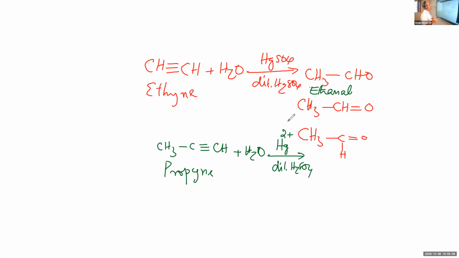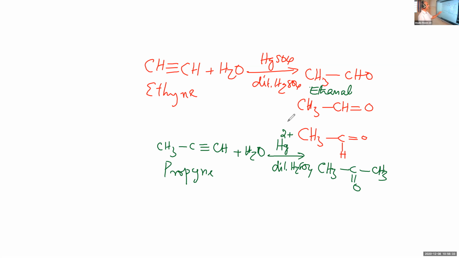As before, there is addition of two hydrogens to one carbon and oxygen to the other carbon. So when hydrogen is added, hydrogen goes to the carbon bearing more number of hydrogen atoms, and oxygen goes to the carbon bearing less number of hydrogen atoms. So the product is CH3 C double bond O CH3.